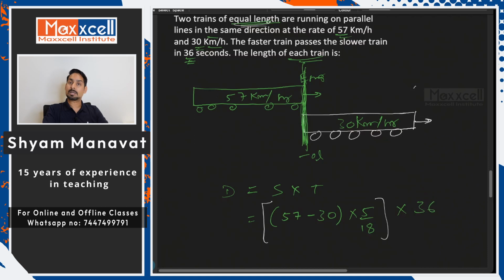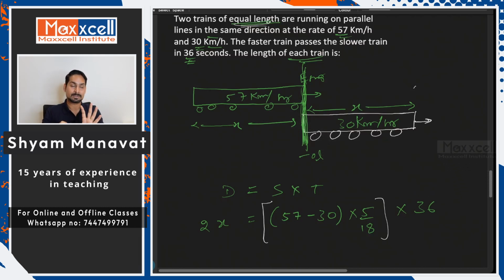Okay, to cover how much distance? Distance which should be twice, 2 into x. What is x here? I am considering the length of each train to be x. The question said both of them are of equal length. So x plus x, 2x. How much distance does the train have to cover? x plus x.